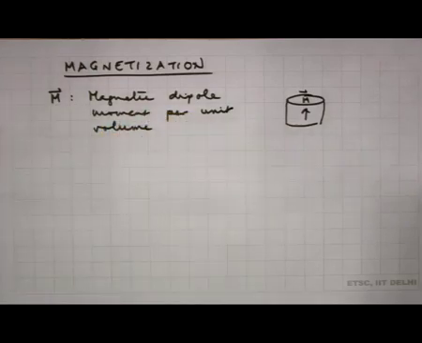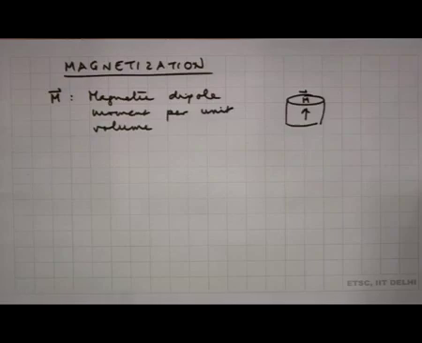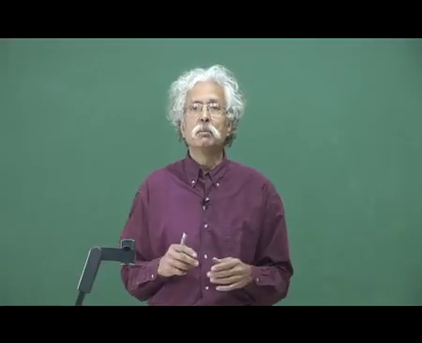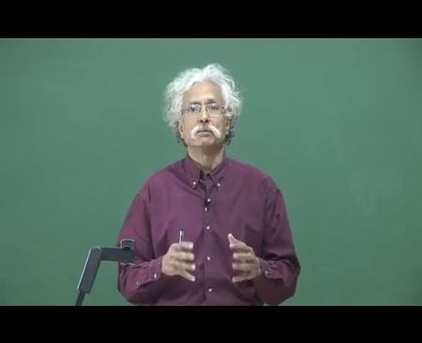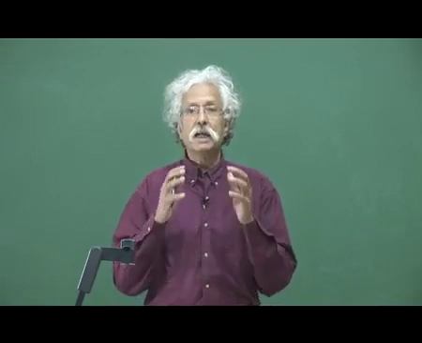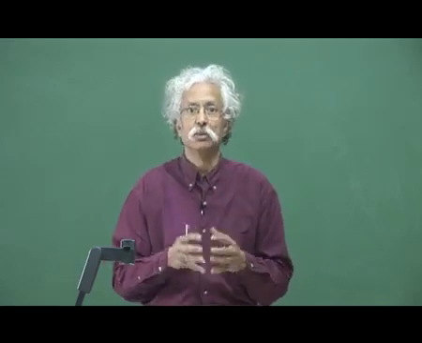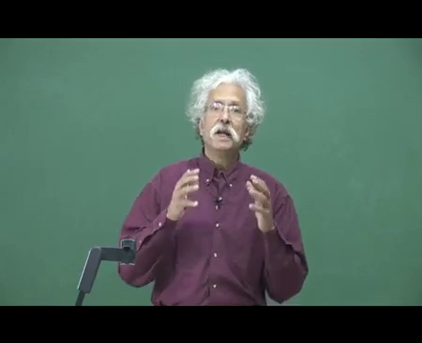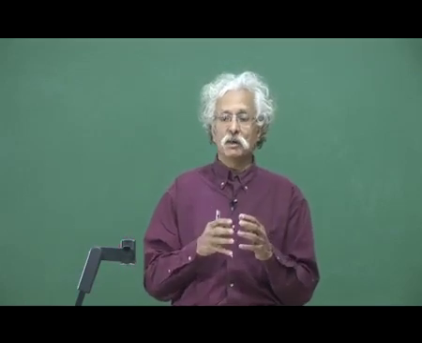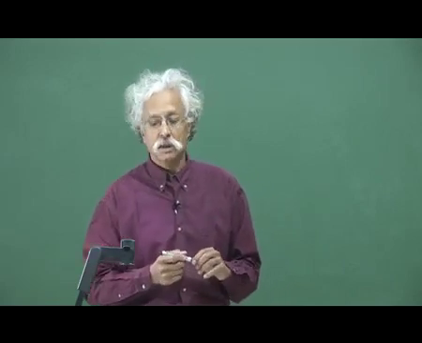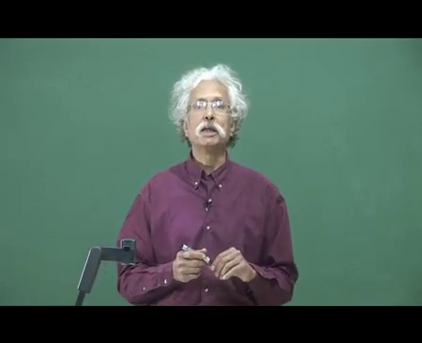That means you take a small tiny volume of the material, small compared to the size of the material but containing a large number of atoms, and that tiny volume will have a certain magnetic moment, which is the sum of the magnetic moments of all the individual particles within that volume. That magnetic moment divided by the volume gives the magnetic dipole moment per unit volume, which is nothing but magnetization, represented by capital M vector.